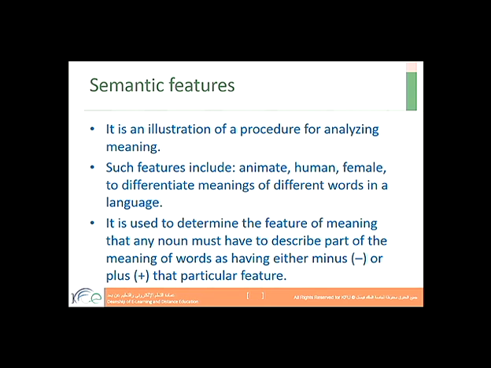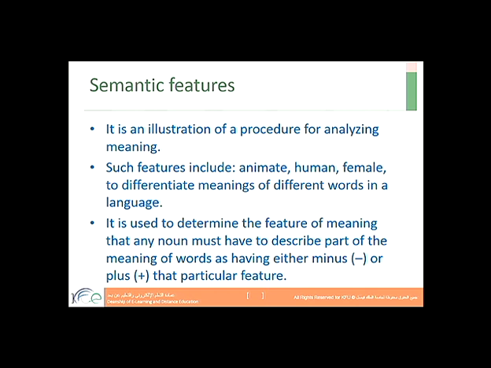So, for example, we have some words which refer to animate. Some other words might refer to inanimate. It's the same thing with other words, they might refer to humans, they might refer to animals.